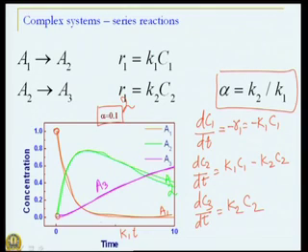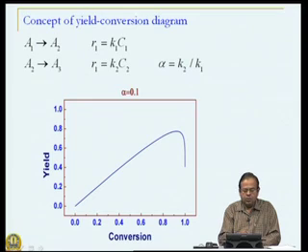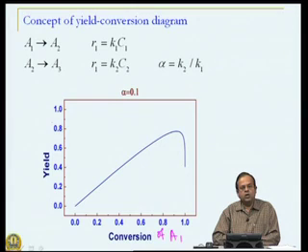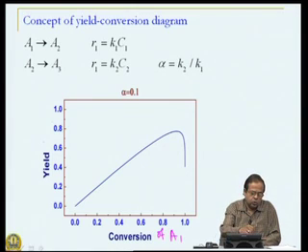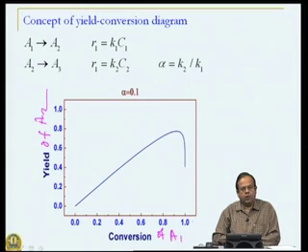We will now try to see what happens to the build up of A2 as A1 is getting converted. In other words, we will see the same behavior, but instead of time, this time on the x axis we have conversion of A1, and on the y axis we have yield of A2. So, we are looking at yield of A2 versus conversion of A1.